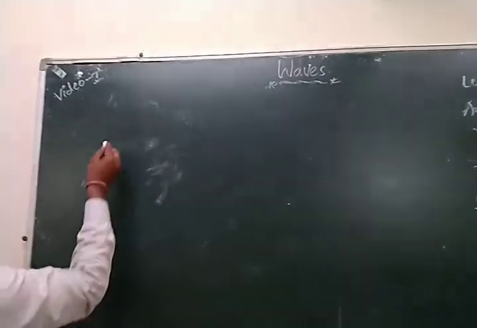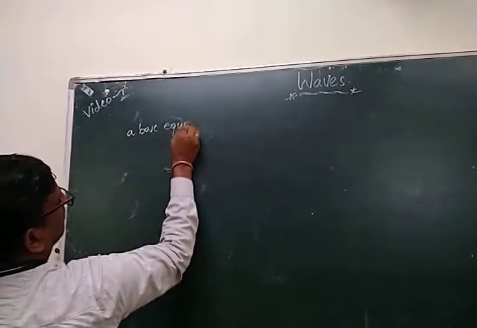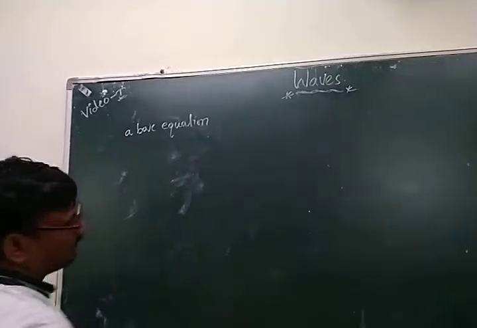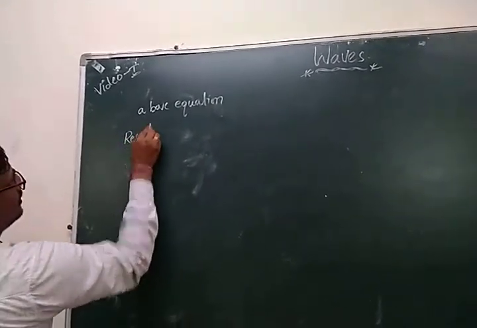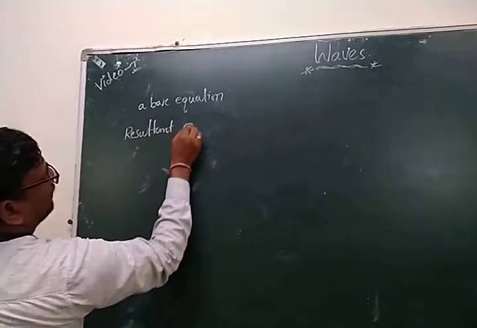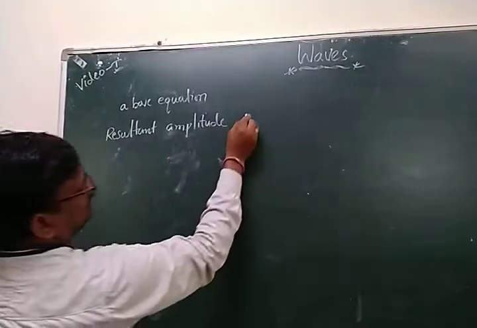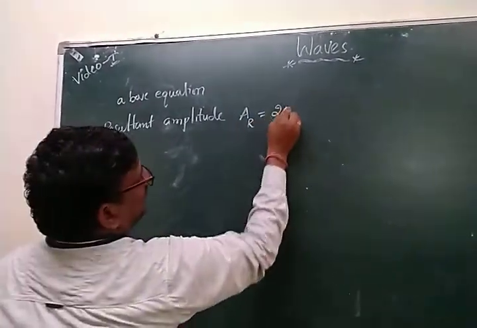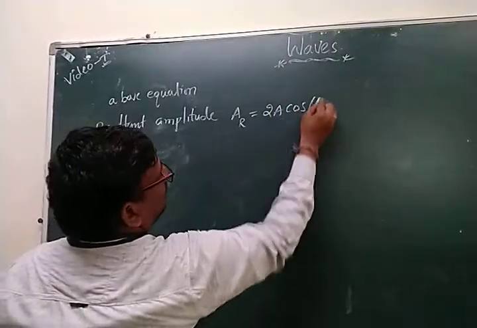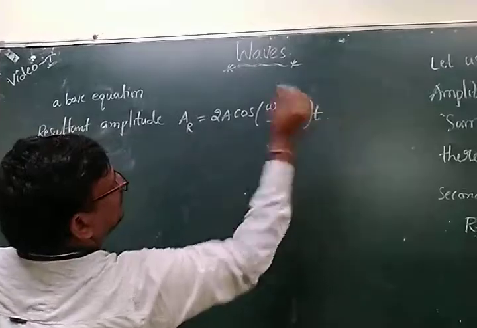In the above equation, the resultant amplitude AR is equal to 2a cos of (omega 1 minus omega 2) by 2 into t.